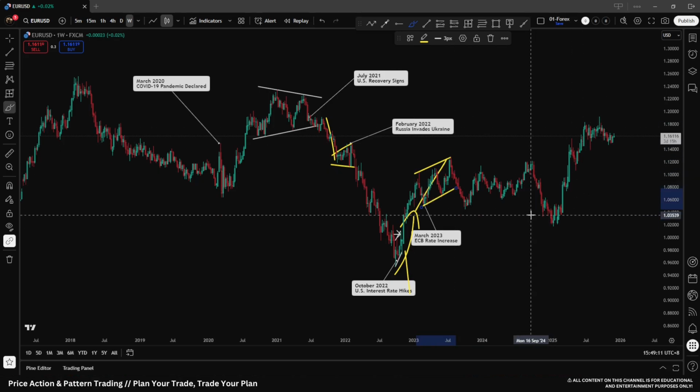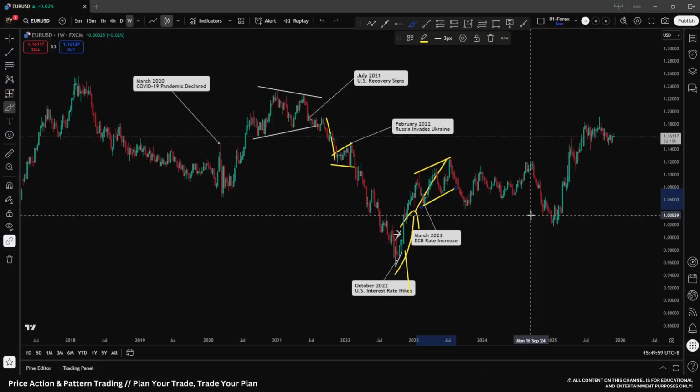So this is just an example of how these major events impact the overall flow of money. They impact the overall directional moves, the anticipation of certain events and the interpretation of these events. This is speculation, and that then leads to these repeatable price action patterns.